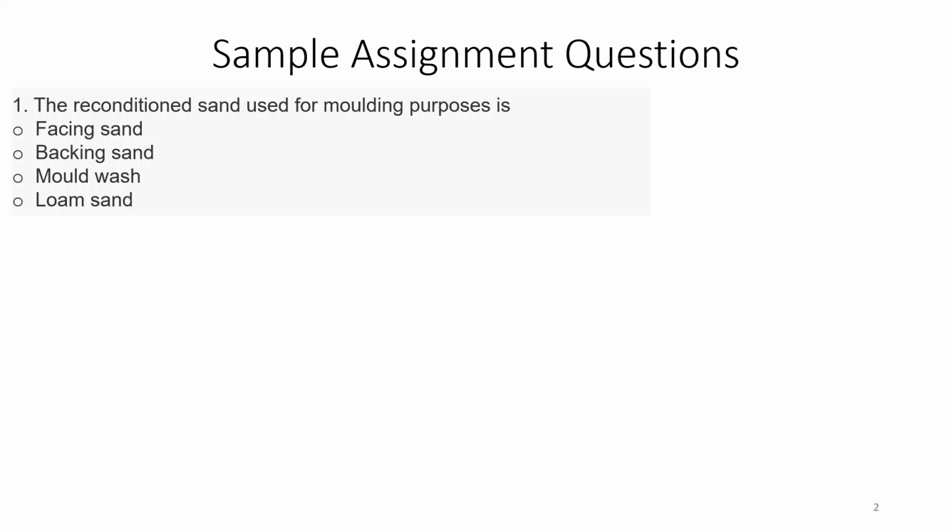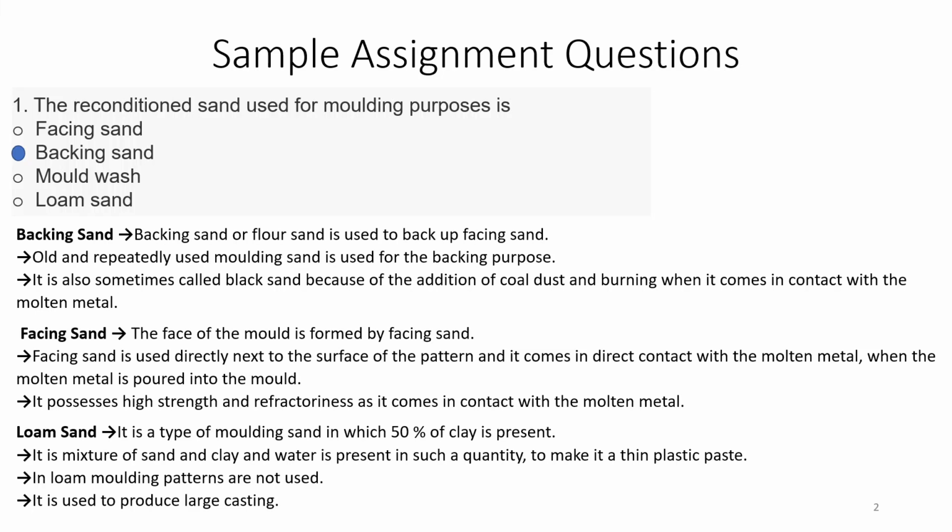The answer will be baking sand. As the name suggests, baking sand, or floor sand, is used for backup of facing sand. Along with facing sand at the face of the mold cavity, where the molten metal will first hit, the backing sand forms the rest of the mold.